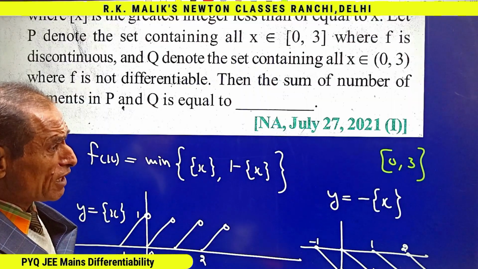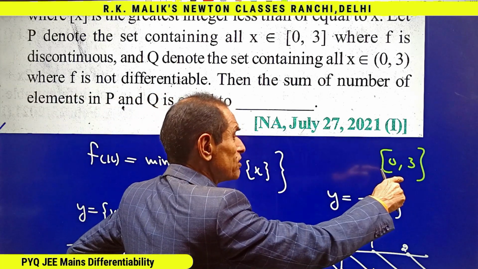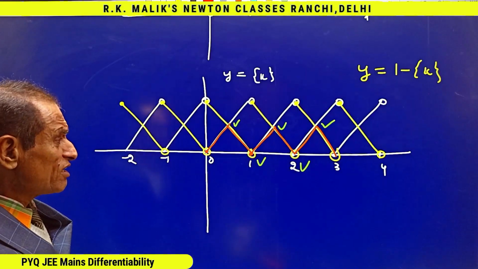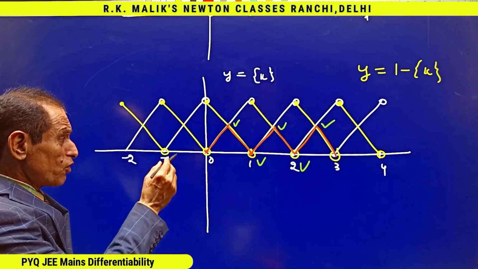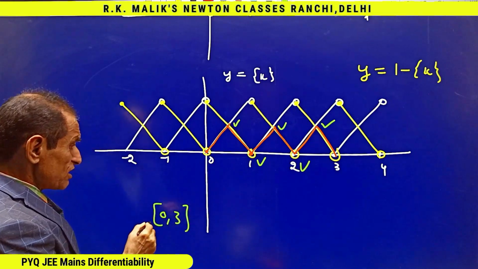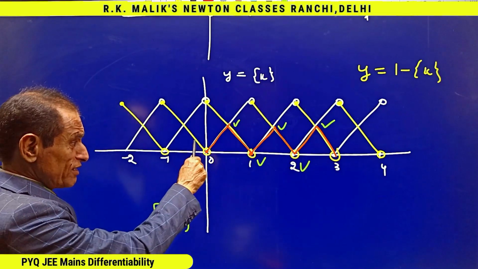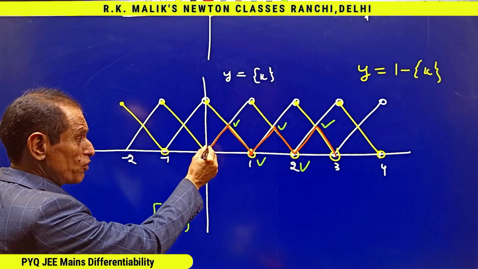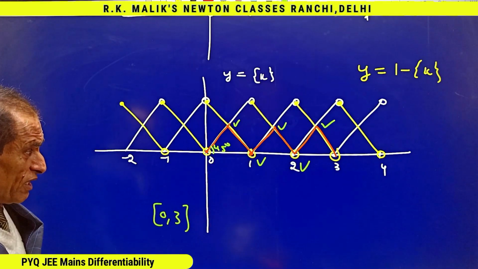Just for knowledge, had the question asked about the closed interval 0 to 3 for discussing differentiability, even then there would be only 5 points of non-differentiability. When dealing with the closed interval 0 to 3, at 0 you just have to find the right hand derivative, which is clearly 1, because this angle is 45 degrees.